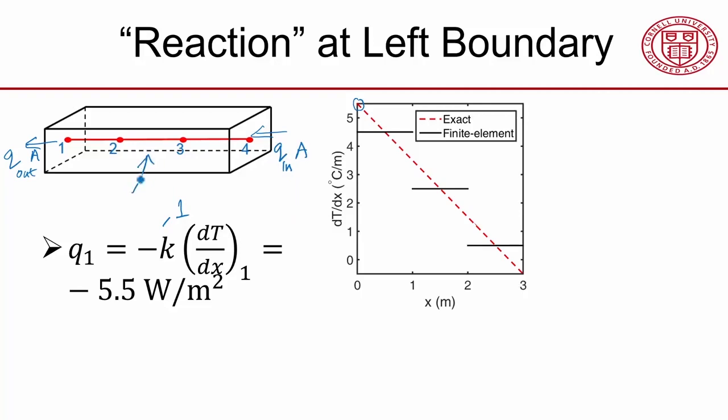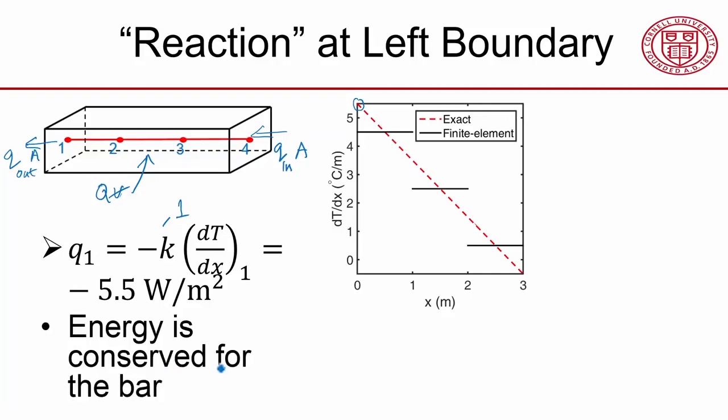And then we also have the heat being generated times the volume. Okay, I'm indicating that as the volume. So this is specified, this is specified, this matches the exact solution. The implication is that energy is conserved for the bar.